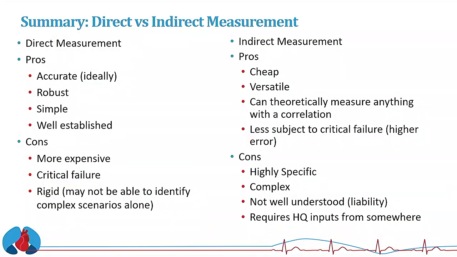And also, even an estimator is going to require high-quality inputs from somewhere. So, for instance, going back to our flow estimator example that we're leaning on very heavily, if the signal going to that estimator reporting on what the power is is not correct, how is it going to affect your estimation?